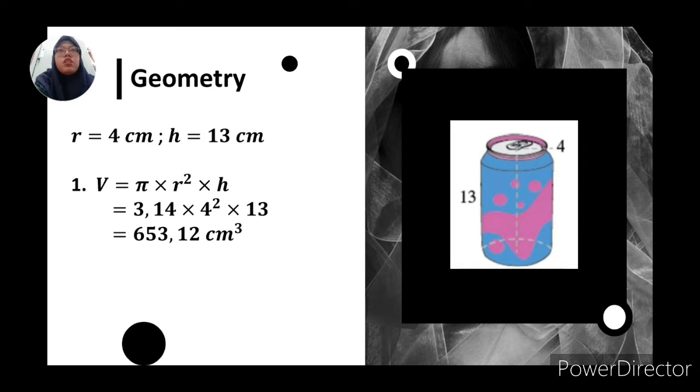First, the volume formula is V equals pi times r to the power of 2 times h equals 3.14 times 4 to the power of 2 times 13 equals 653.12 cubic centimeters.